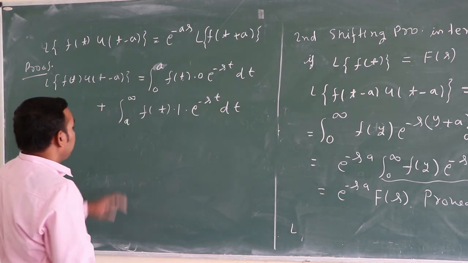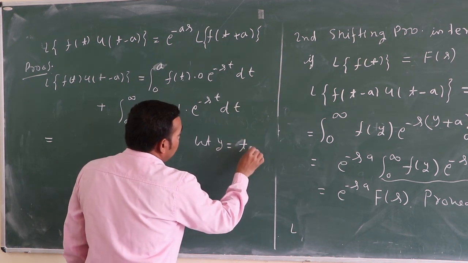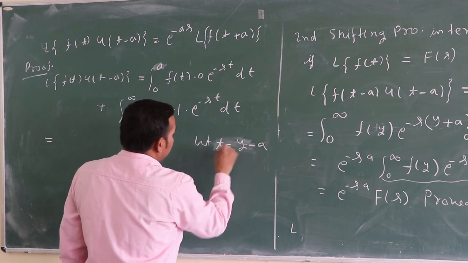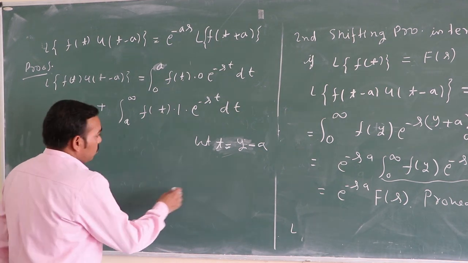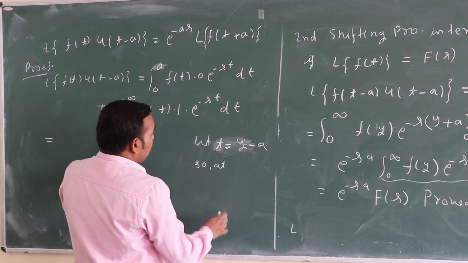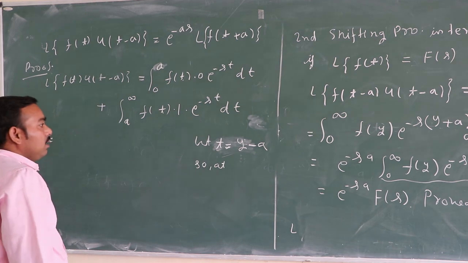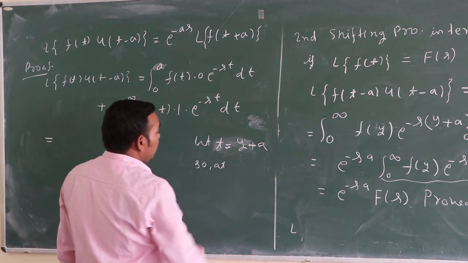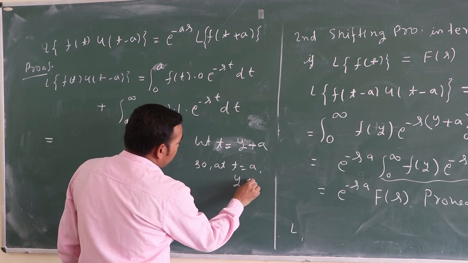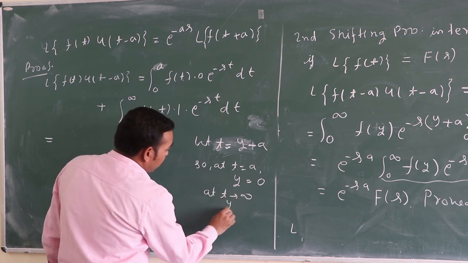So let t equal to y plus a. At t equal to a, y goes to 0; at t equal to infinity, y goes to infinity.